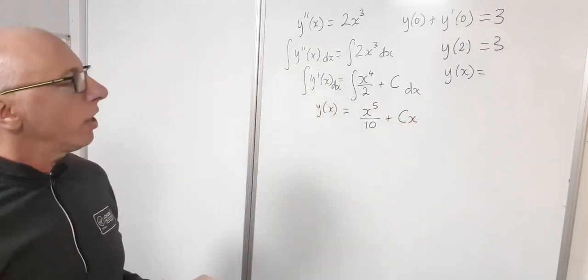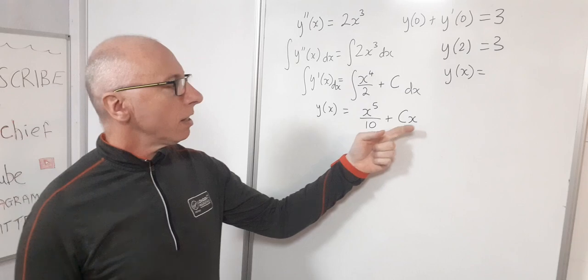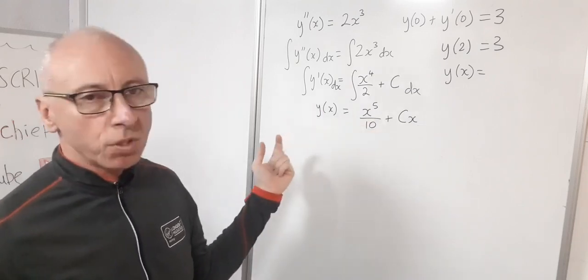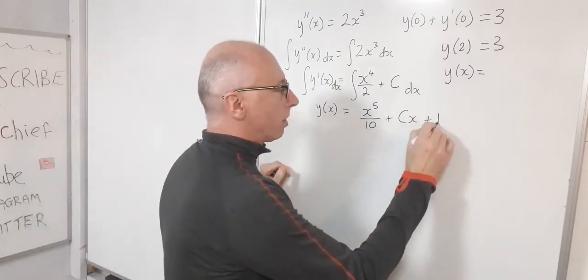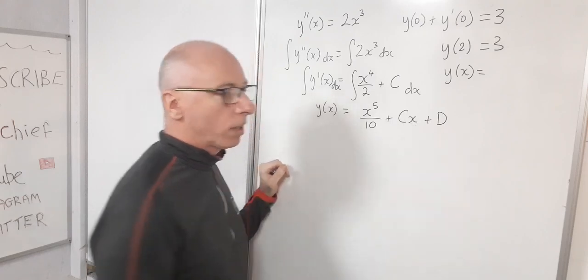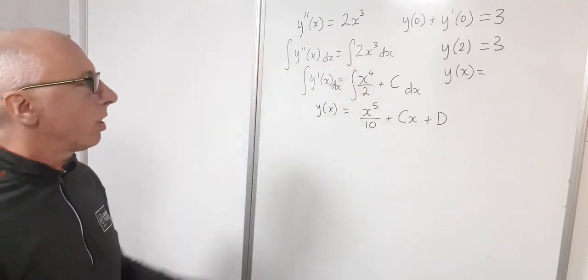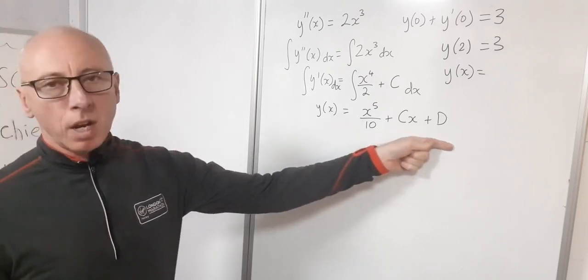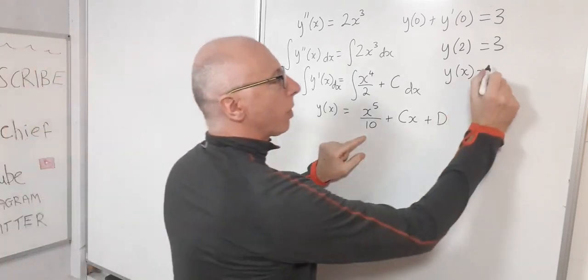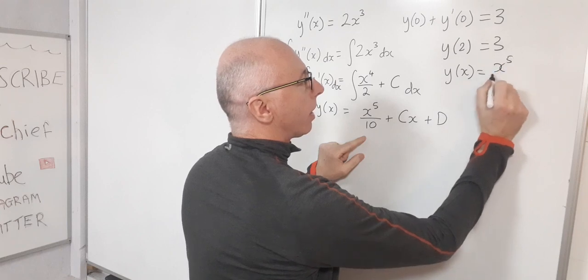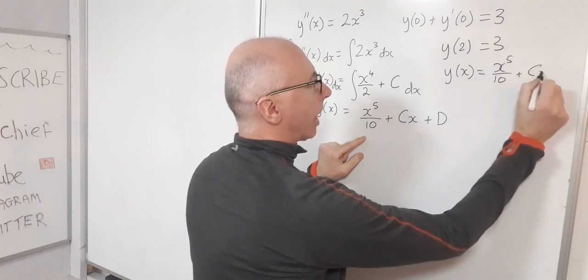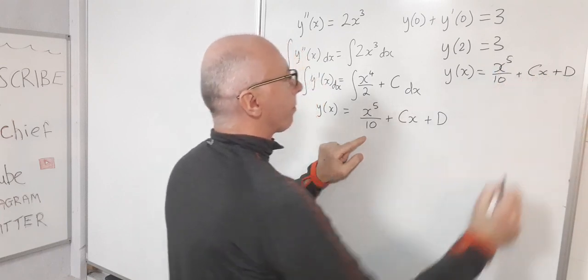But now we need another constant of integration here, which I'm just going to call d. So c and d are just my constants of integration as we've gone through these two steps. So that's my result for y(x): x to the 5 over 10 plus cx plus d.